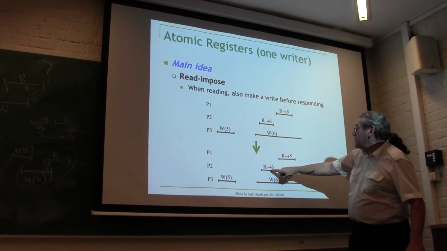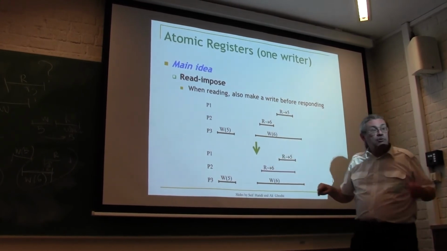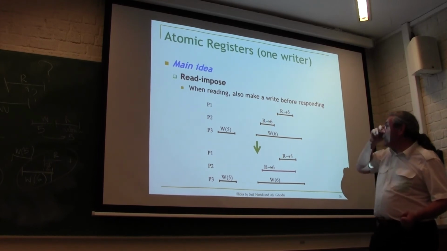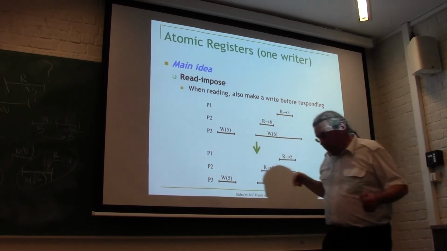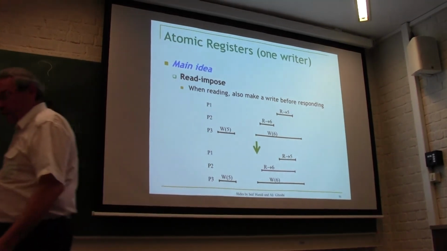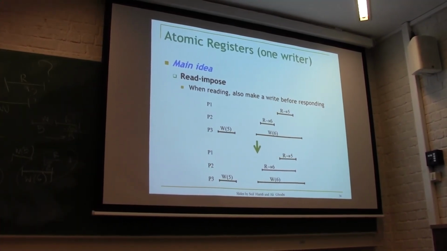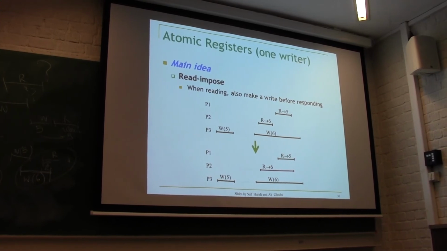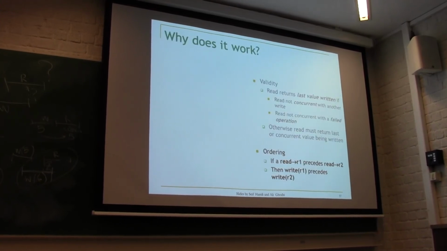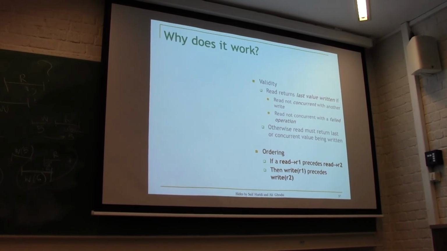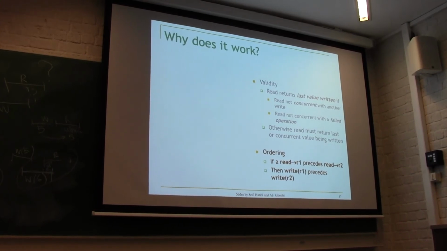So when I read 6, I will also write a 6, okay? And that means reads that come after will be able to read the 6. So let me see, what's the best way to explain this?